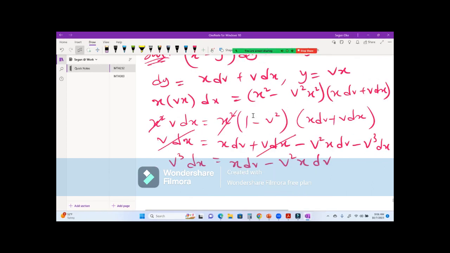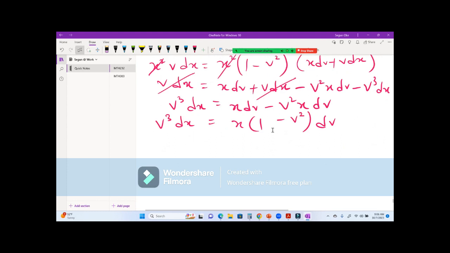Any question? So in this case now, something is common to both sides. We have v cubed dx equals to, x is common here. I factorize my x out. I say 1 minus v squared dv. Separable variable now. How do we separate the variable here?